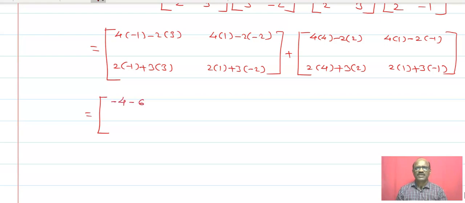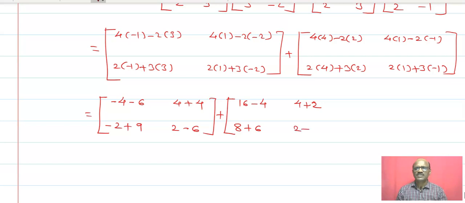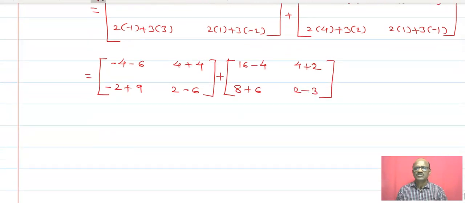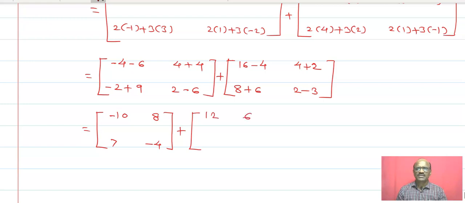Therefore, it is minus 4, minus 6, 4 plus 4, minus 2, 9, 2 minus 6 plus 16 minus 4, 4 plus 2, 8 plus 6, 2 minus 3, and hence we have the result minus 10, 8, 7 and minus 4. That is 12, 6, 14 minus 1.